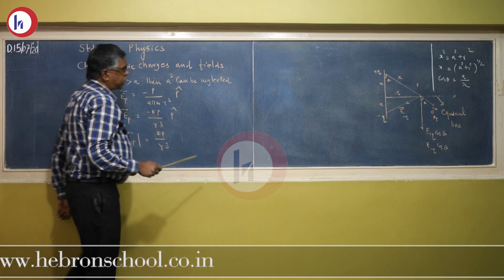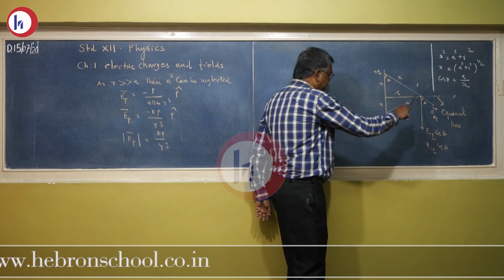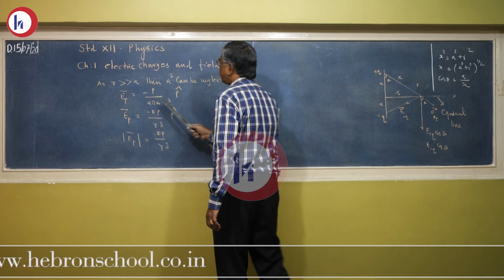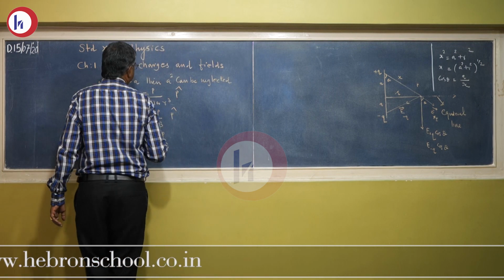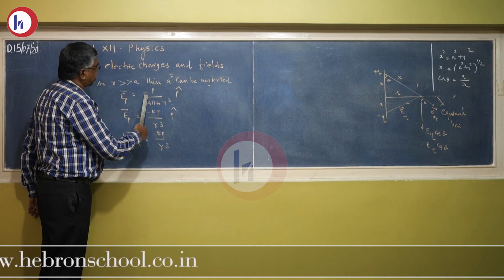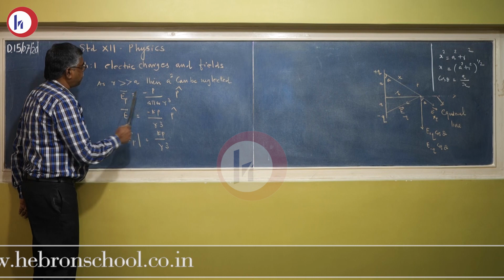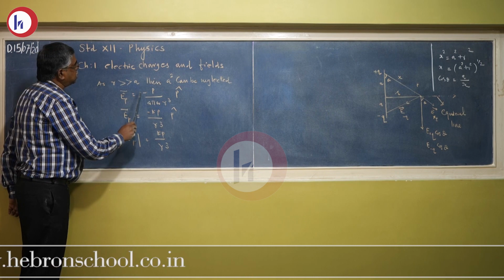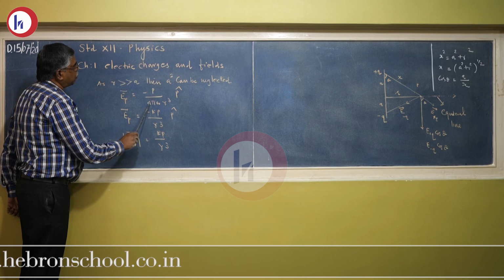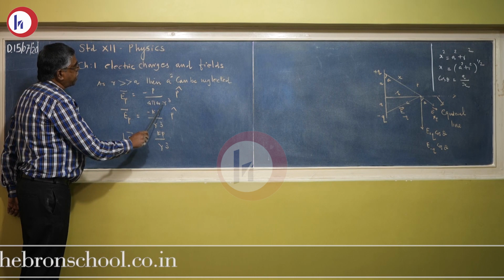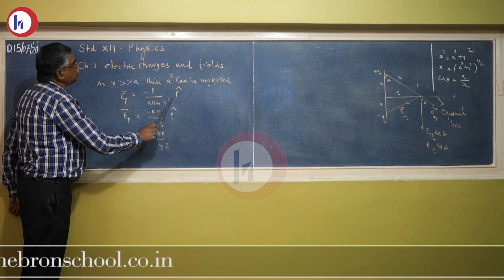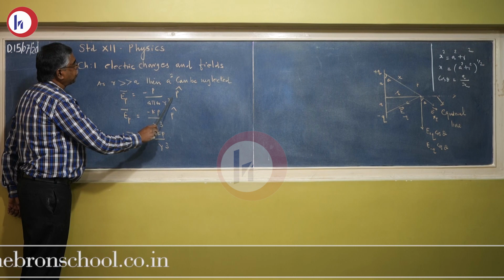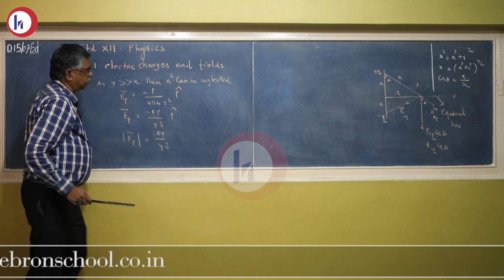But this electric field vector is acting in the negative direction, therefore we write minus here. The minus shows the electric field is acting in the negative direction. Therefore, electric field in vector form can be written as minus p upon 4 pi epsilon 0 r raised to 3, times the p unit vector.